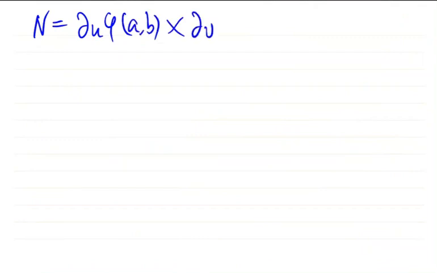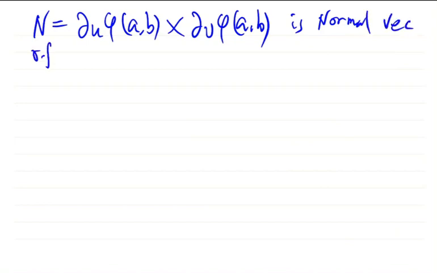So that is n equals the partial derivative of phi with respect to u at (a,b) cross the partial derivative of phi with respect to v at (a,b). This is a normal vector of our surface S at the point P equal phi(a,b). Okay, so this is our conclusion. So how to compute this n?